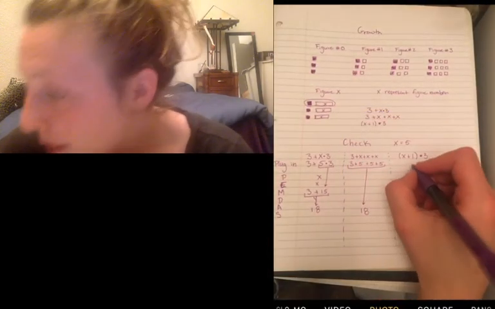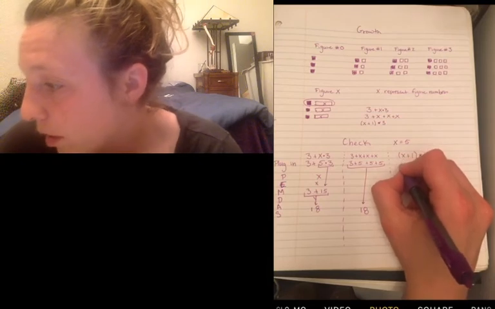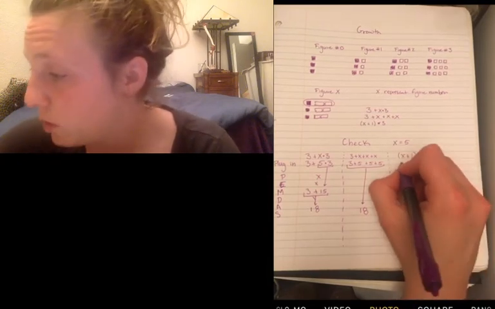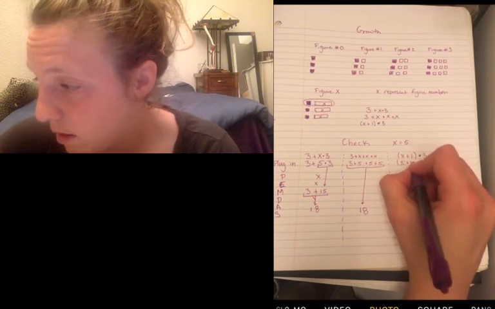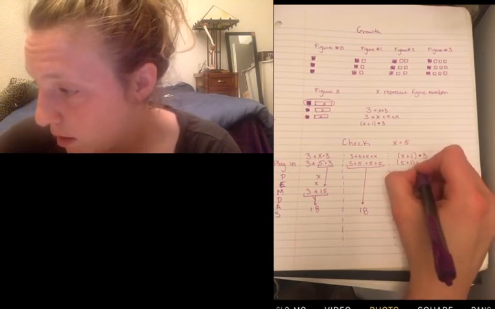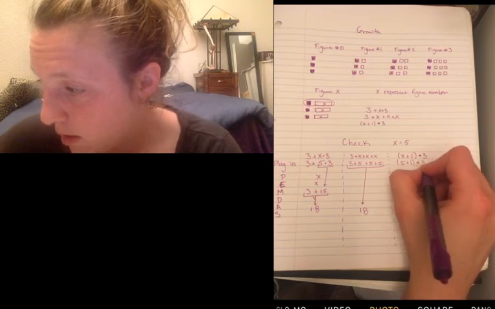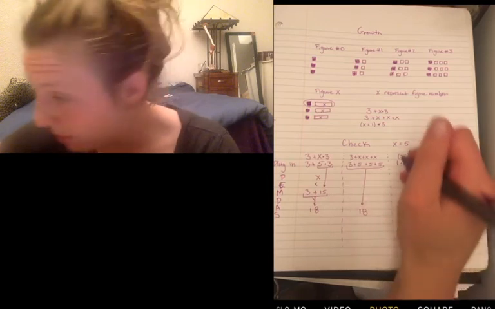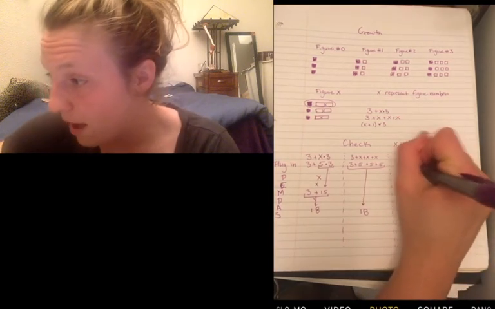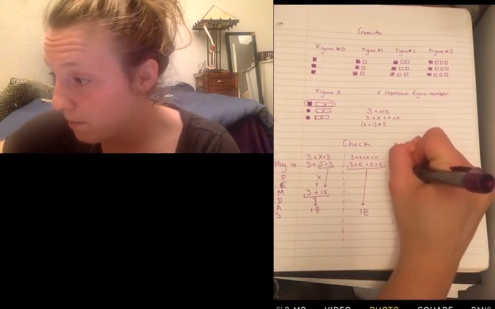Okay. Lastly, we have our third one, so we start with plugging in again. Okay, and now we have our P, which is parentheses. So we do that one first, so 5 plus 1.